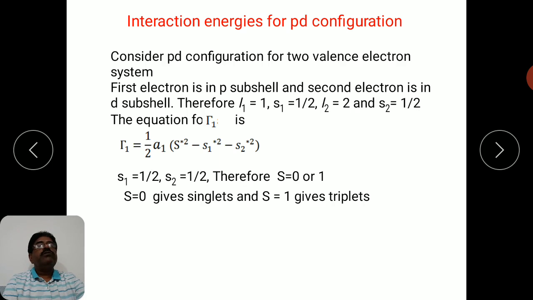Now we can use this value. S can have two values, 0 or 1. S equal to 0 gives the singlet, and S equal to 1 gives the triplets.